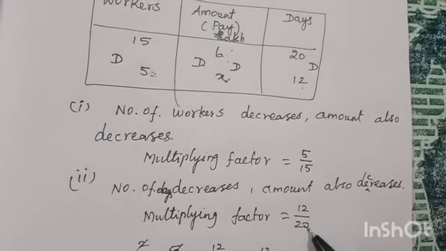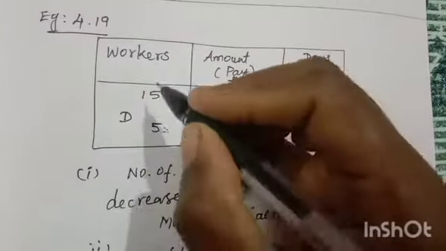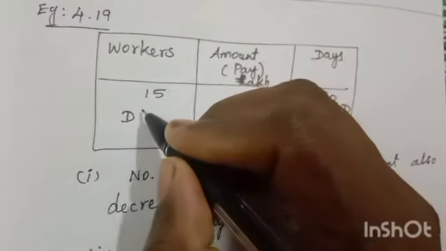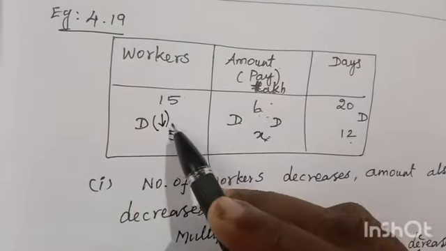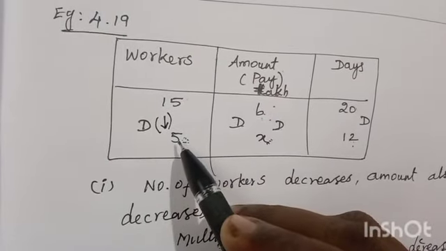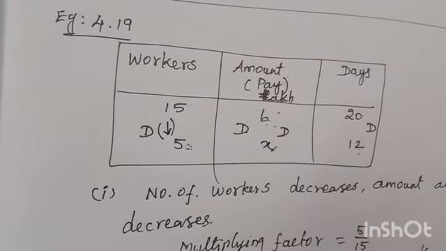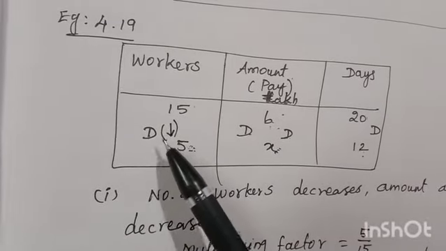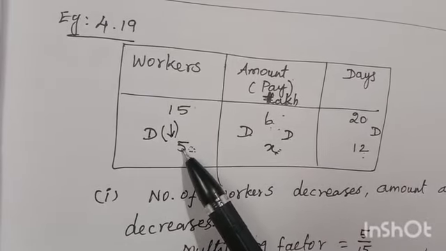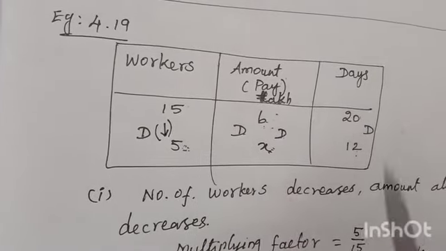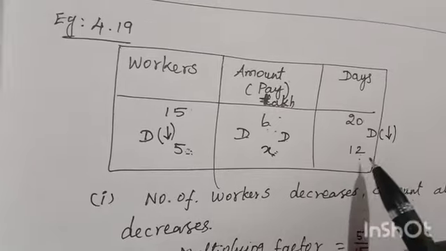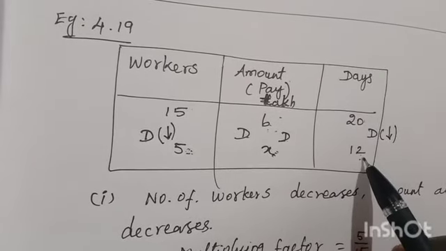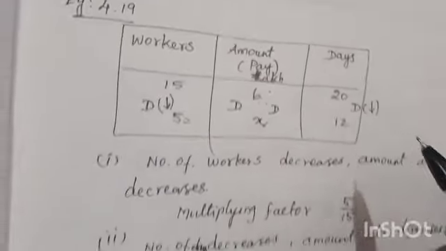Otherwise, you can denote one arrow mark. For direct proportion, you mention a downward arrow mark. The arrow mark denotes the number you write in the numerator, so the arrow denotes 5. So 5 in the numerator. Here also, 12 in the numerator, 20 in the denominator.